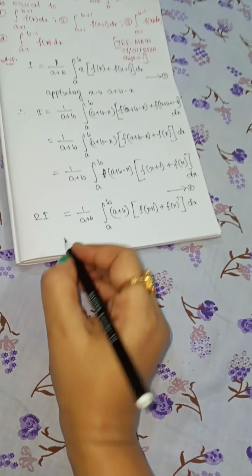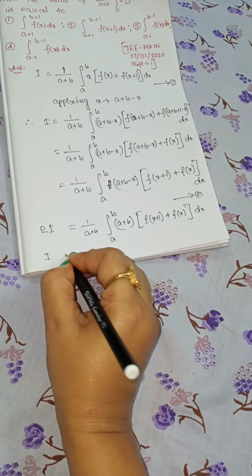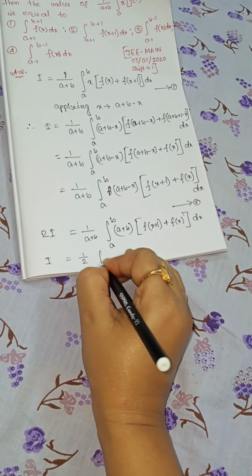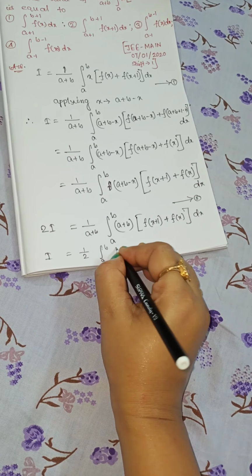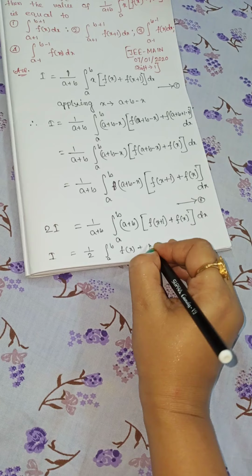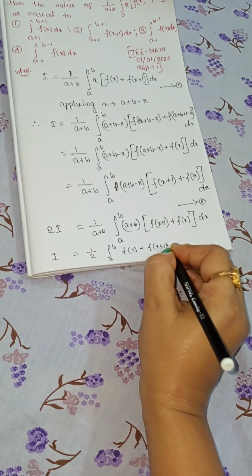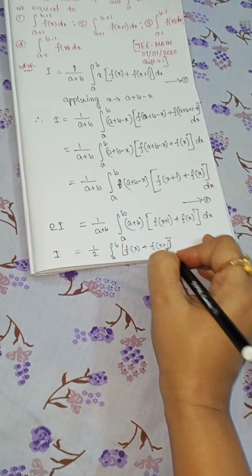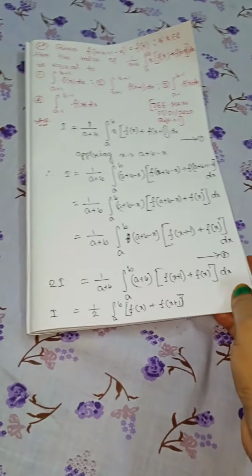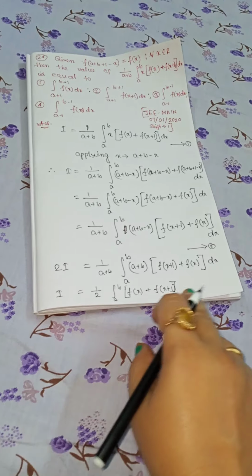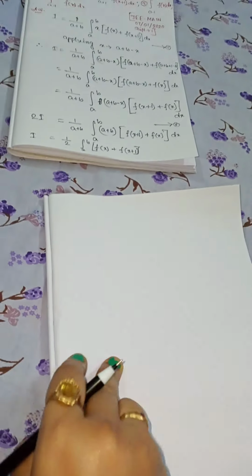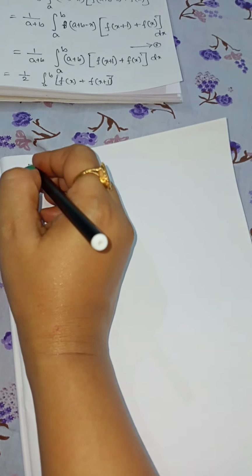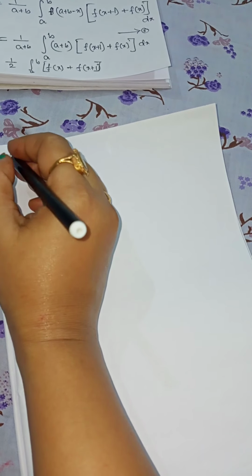Now this and this is also cancelled off, therefore I is equal to half of integration a to b of f(x) plus f(x+1). This is our I. Unfortunately this is not given in any options, so we should calculate once again.